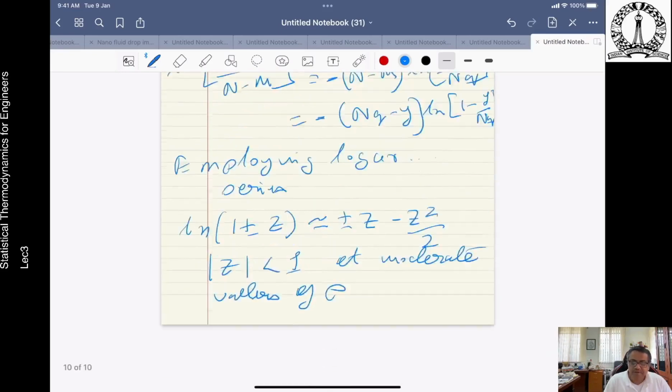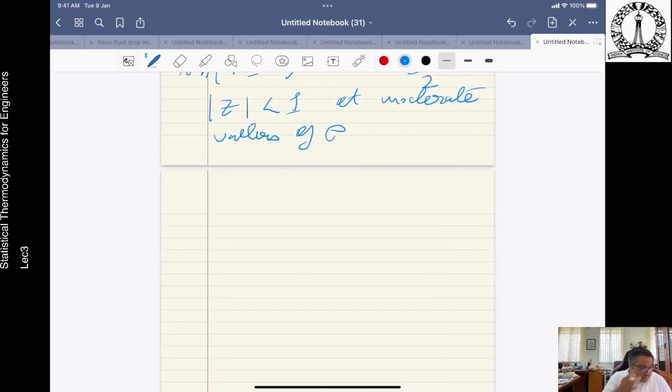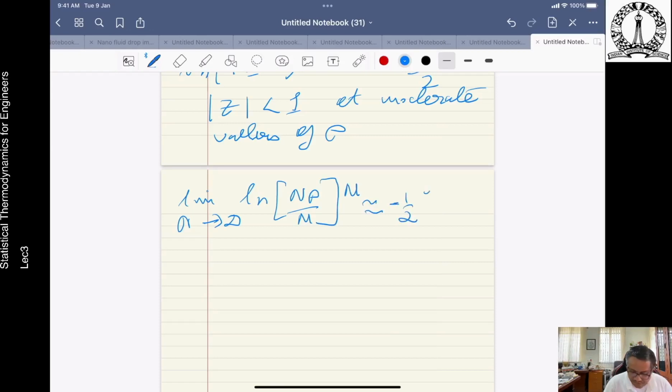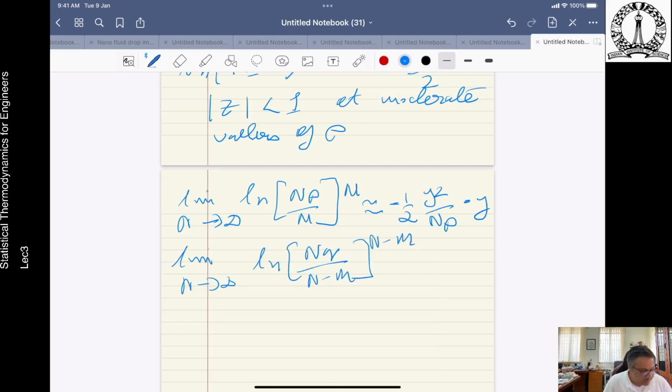Values of p, right? At moderate values of p. Okay, so in a nutshell, that translates to y squared np minus y, and in the other limit, ln nq by n minus n is almost given as y minus half y squared by nq.